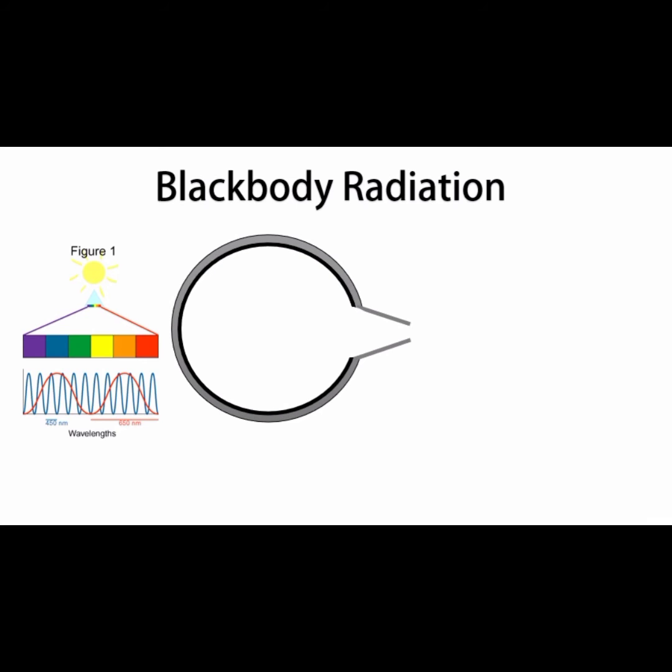So when radiation comes inside through this narrow hole, the radiation hits the wall of the sphere and 99% gets absorbed. The remaining radiation collides with the wall again and again.